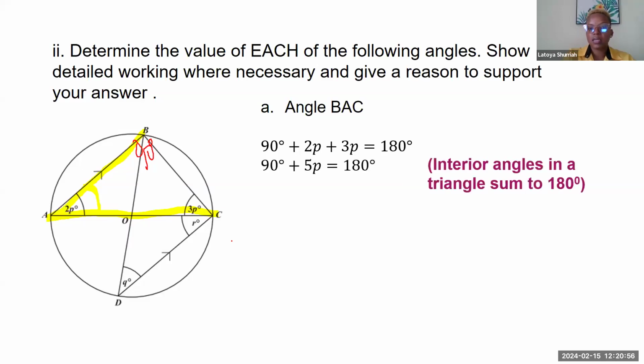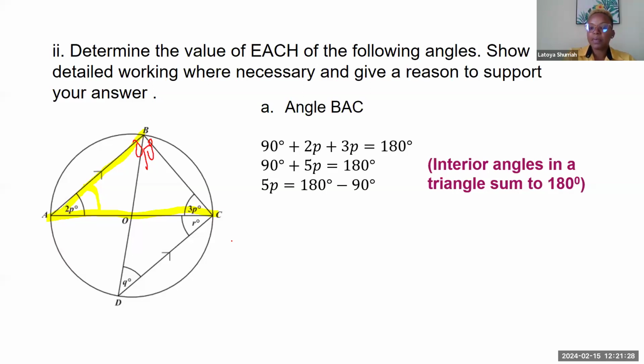All right? The next thing I'm going to do, I remember I need to get p by itself. So first, I need to get rid of the 90 degrees. So I'm going to subtract 90 from both sides in an effort to get rid of my 90 degrees. Remember, anything you do to one side, you have to do to the other side. And that's what I did. So my 5p is equal to 90 degrees.